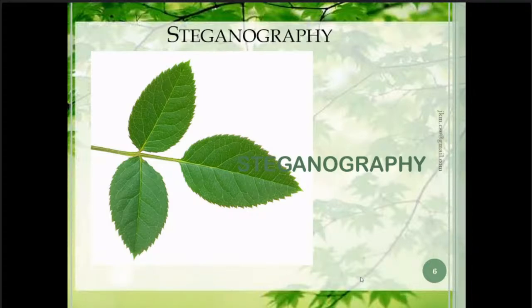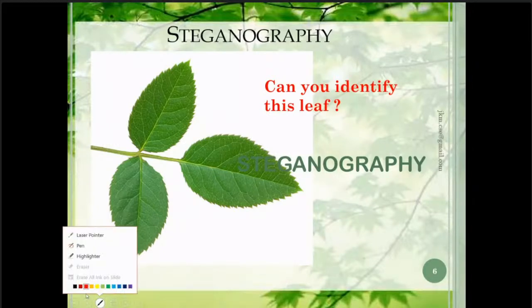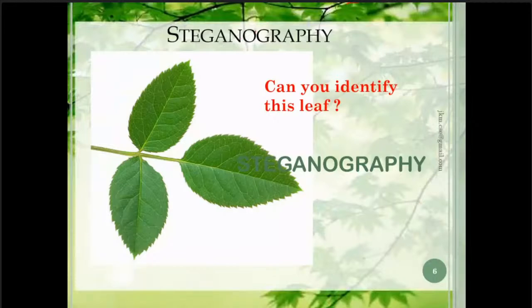Here you see we have a leaf with some petals, and I have inserted the steganographic writing here. To some extent it may be visible, and I can identify that okay, it may be steganography.